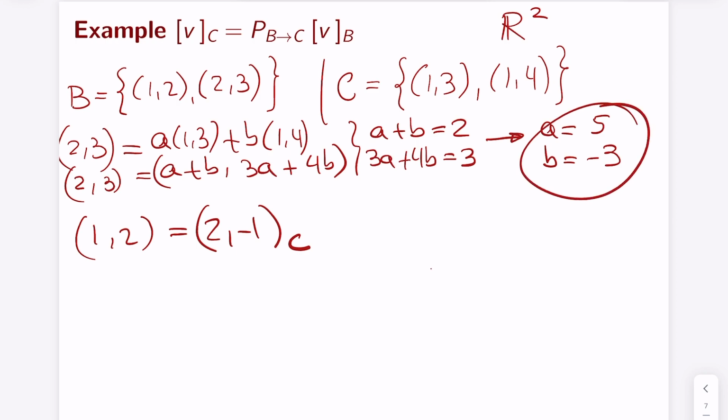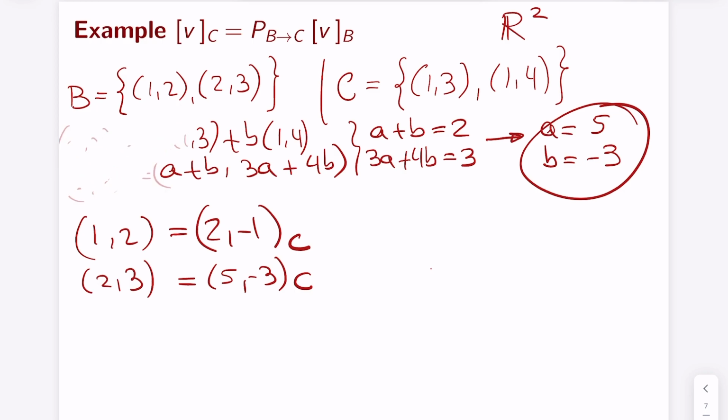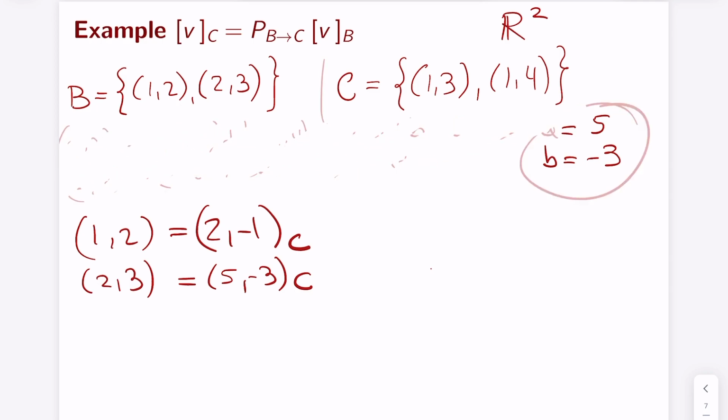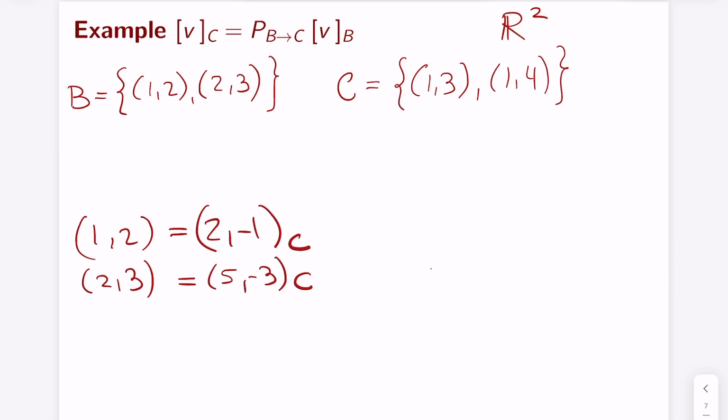These are then the coordinates of the vector (2, 3) in the new base C. So we find out that the vector (2, 3) can be written as (5, minus 3) in the base C. Okay, so that's the first step to calculate the matrix: to find out the coordinates of each of the vectors of the first base in the second base. That is what we just did.